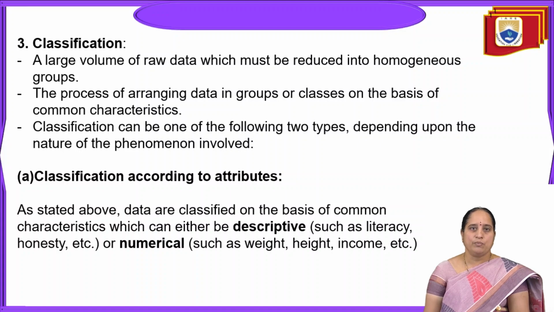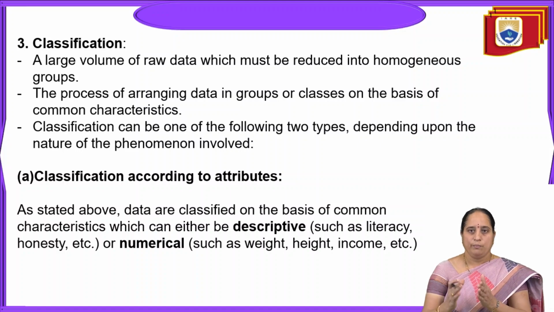Just by having common characteristics, we can classify the data into different groups or classes. Classification can be one of the following two types depending upon the nature of the phenomena involved. The first is classification according to attributes. Attributes means the characteristics. The data are classified on the basis of common characteristics, which can be either descriptive or numerical.